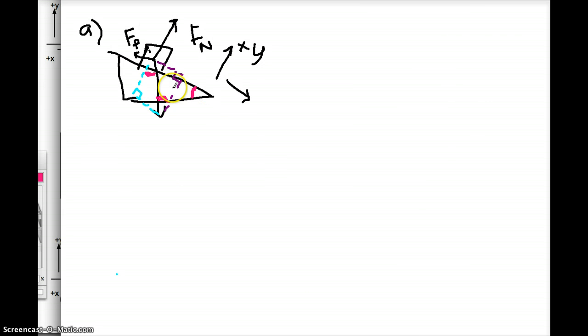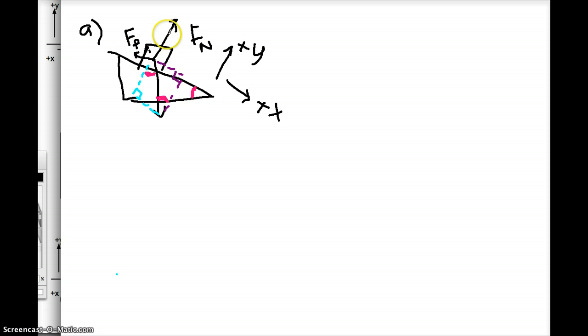Anytime you have an object sitting on a surface, the amount that surface is going to push back on the object, or this normal force, depends on the y component of gravity. I forgot to label this as x.